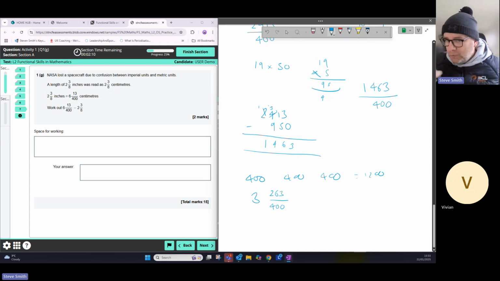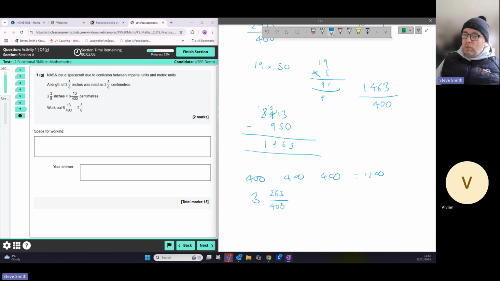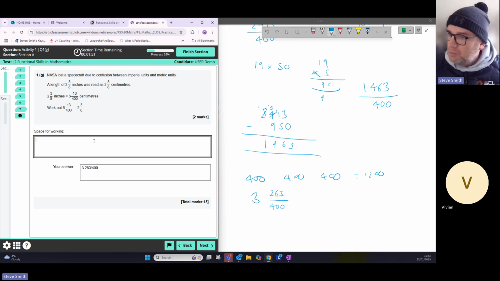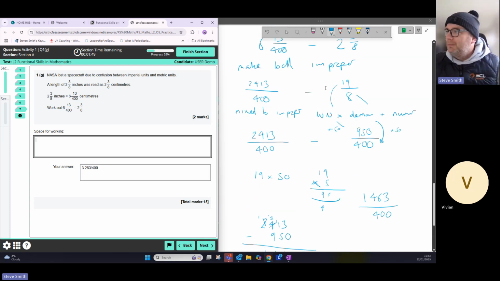And if I want to double check my workings, I go 3 times 400, which is 1200. Add my 263, which is 1463. So my answer here is 3 and then 263 400ths. My workings out are exactly what I've done here.